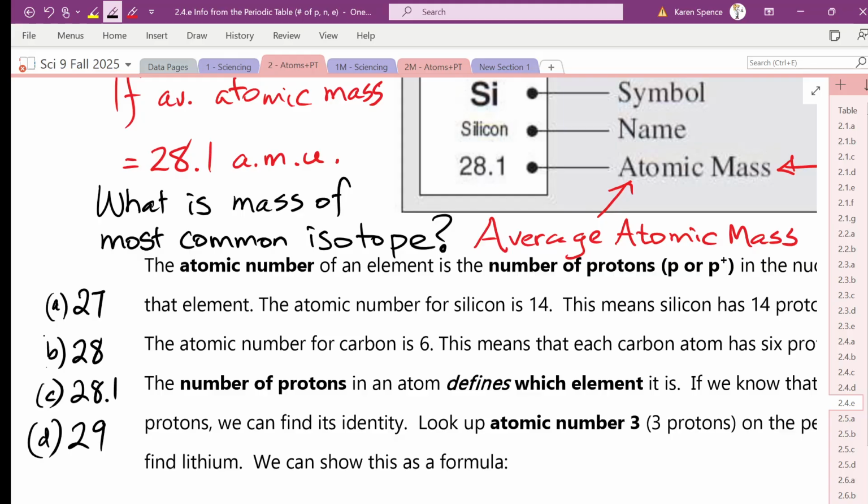So is the answer A, B, C, or D? Chat with your neighbor. Decide what you think. Oh, and there is an option E, which is I don't know yet.